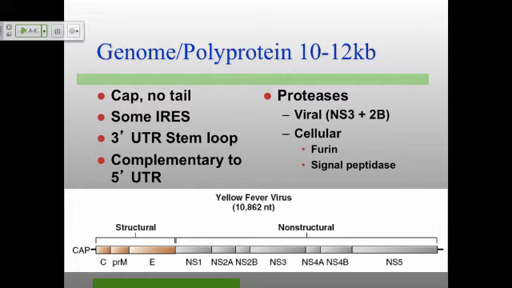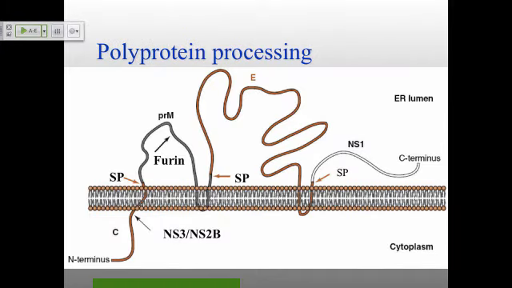Again, polyprotein, viral proteases which are involved, and in fact, those new drugs are targeting the viral proteases and the viral replicase. The big difference here, of course, is, again, that we have envelope, and that envelope is being put together in a membrane, and to use that appropriate assembly process, you also need cellular proteases.